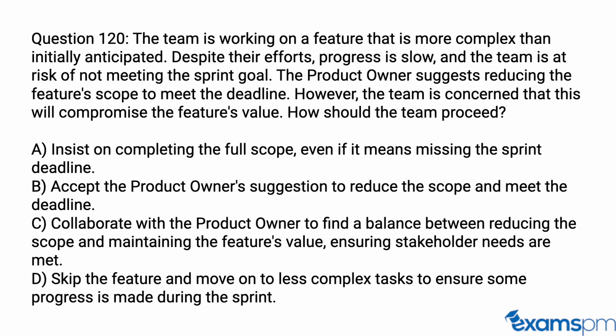A. They insist on completing the full scope, even if it means missing the sprint deadline. B. Accept the product owner's suggestion to reduce the scope and meet the deadline. C. Collaborate with the product owner to find a balance between reducing the scope and maintaining the feature's value, ensuring stakeholder needs are met. D. Skip the feature and move on to less complex tasks to ensure some progress is made during the sprint.